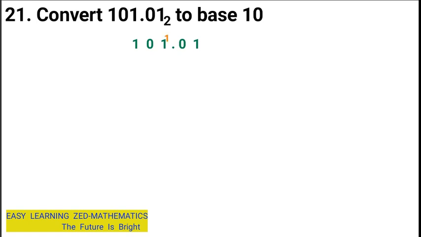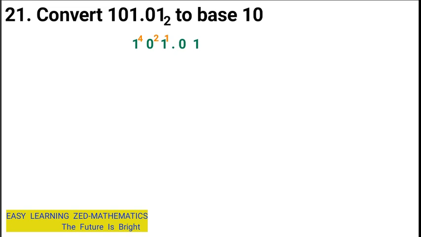Then the 0, which is the next 0 on the left side, has place value 2s, and the 1 at the end is 4s. So those are the place values of those digits on the left side of the decimal point. Now what is the place value of the 0 immediately after the decimal point on the right side?